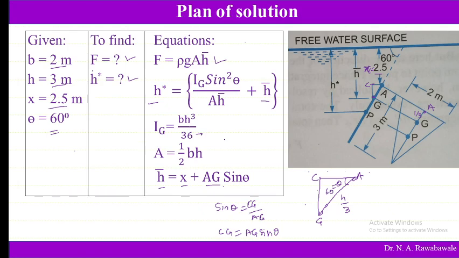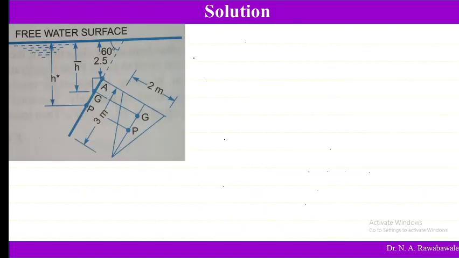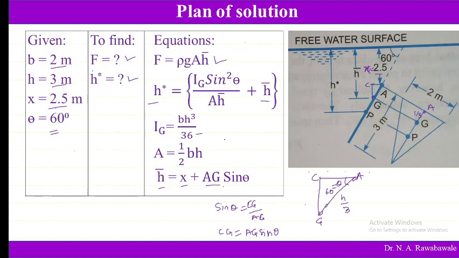So let us start with h bar. h bar is equal to x plus AG sin theta. X we know is 2.5 meters, which is given in the problem itself.